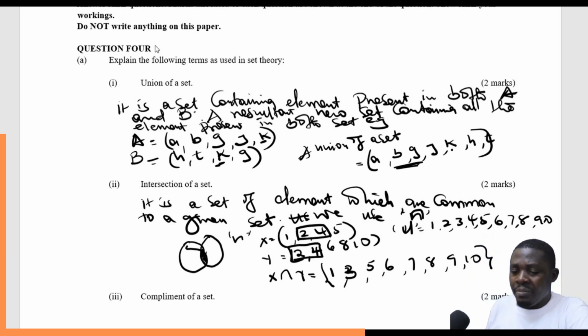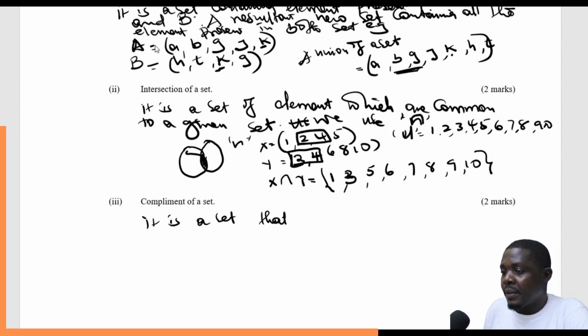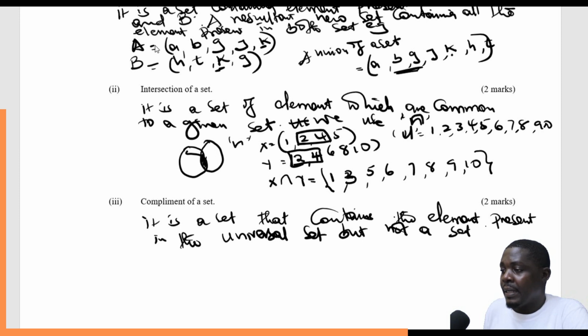You can say that it's a set that contains the elements present in the universal set but not in set A. For example, let me illustrate this.